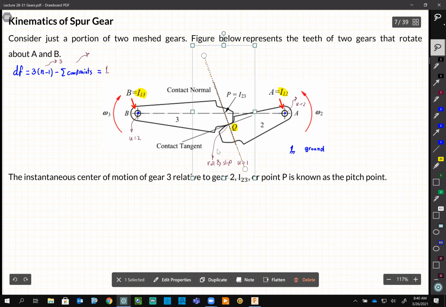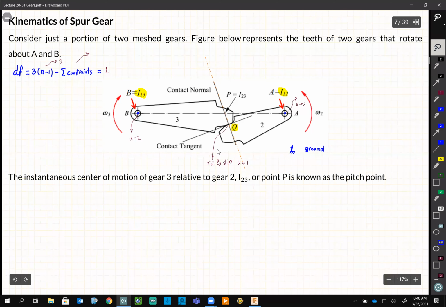Then we have another relation, which, if you recall, was named after 2 people, one a president, another one a governor: the Arnold-Kennedy rule, which says that 3 centers of velocity must be on the same line. So this mechanism has 3: I12, I13, and I23.